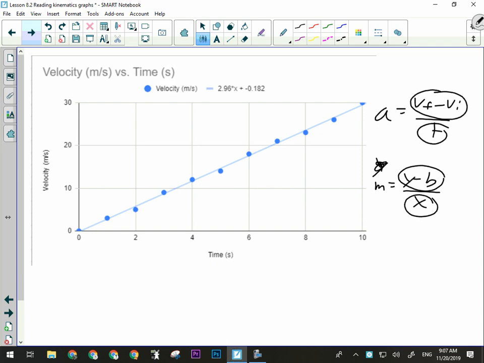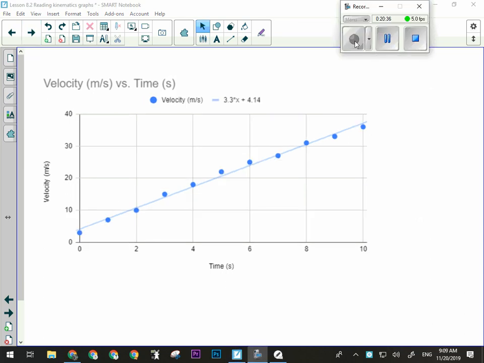This one's tricky. Actually, you know what? I'm going to quickly build a different one. Okay, let's try this one first. I'm going to walk through this one with you.